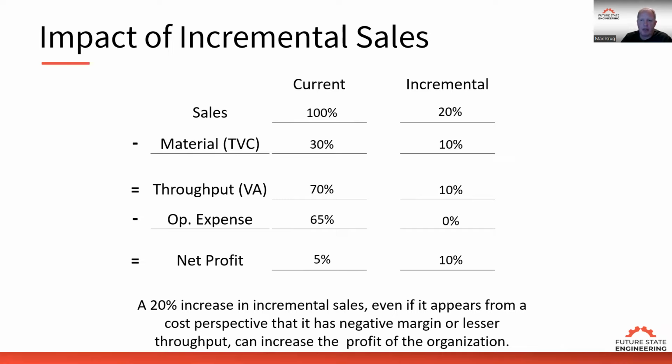So this is sort of mind-blowing, because everyone thinks that the incremental sales has the same margin as the current product. No, it doesn't, because we're going to leverage our resources differently to take advantage of that extra capacity and leverage that in the market.